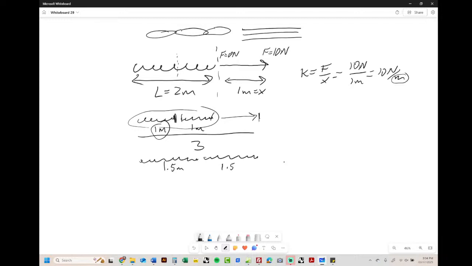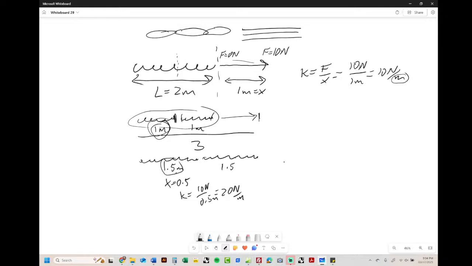And the tension in these two individual parts is going to be the same as the tension in the whole thing. So when I stretch this one a distance of 1 to 1.5, which means X is 0.5, I now have gone from 0 newtons to 10 newtons. So this would have a K of 10 newtons per 0.5 meters, which would be 20 newtons per meter.